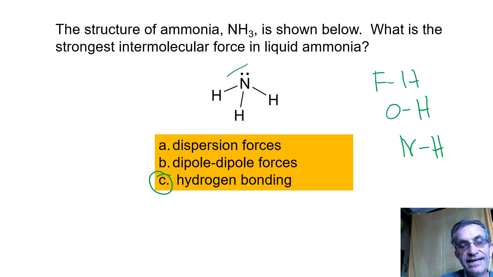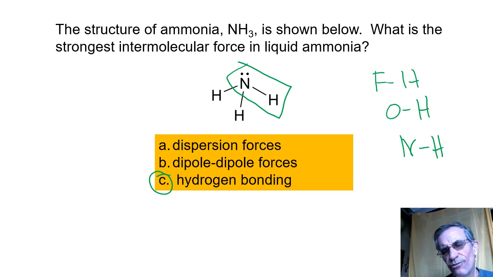So this guy should be able to hydrogen bond with its neighbor because it's got NH as part of its structure. We could figure out it is polar and all that. That's true, and that's not bad to know. But if you see any of these three as part of the Lewis structure, you don't really need to worry about polarity or non-polar or any of that stuff. Just go, oh, that's got to be hydrogen bonding, because you see that as part of the structure.